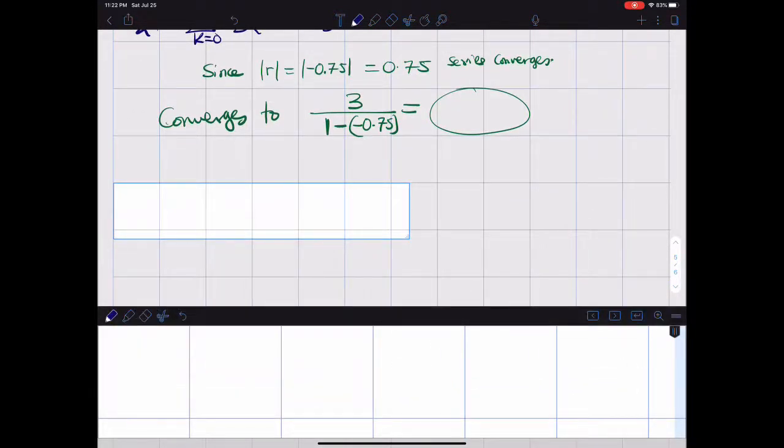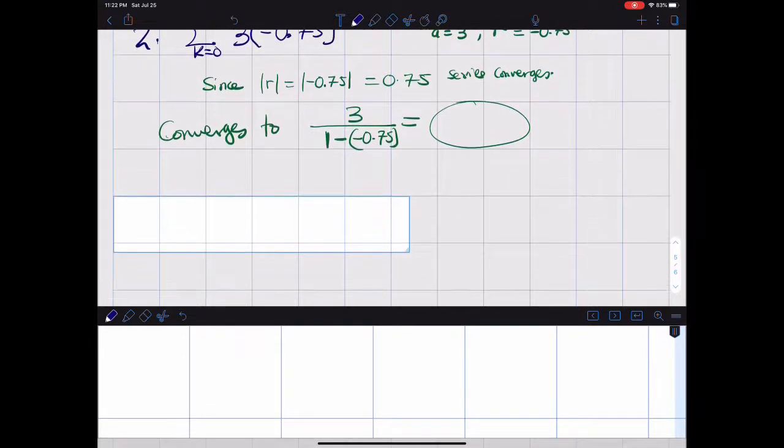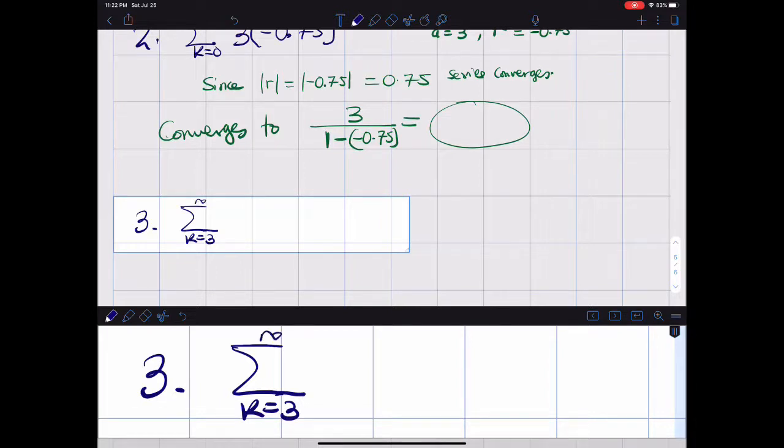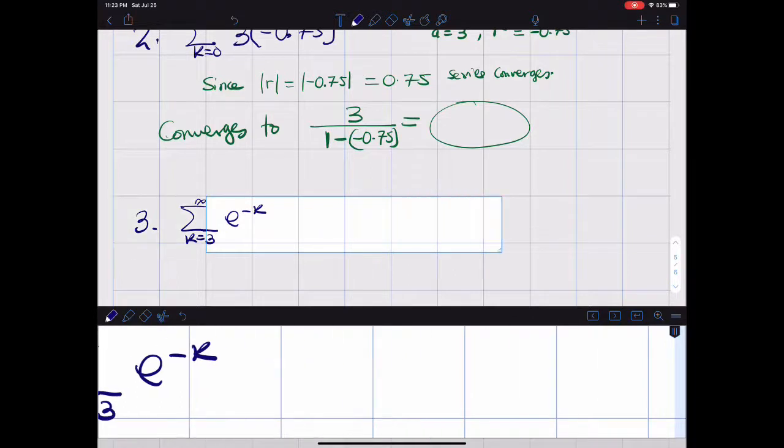Let's see. Let's do one more. How about the summation k from 3 to infinity of e to the power of negative k.